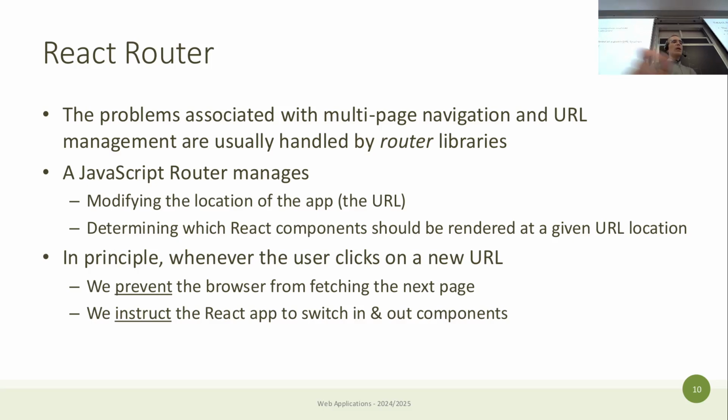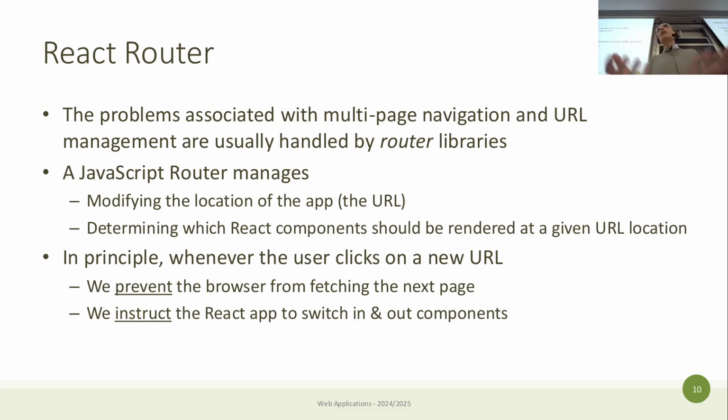To achieve this behavior, we also need to prevent the browser from fetching the next page. So indeed, we cannot click on links, anchor elements in HTML, or submit a form, and we need to instruct the React application to show only the components that belong to that URL.